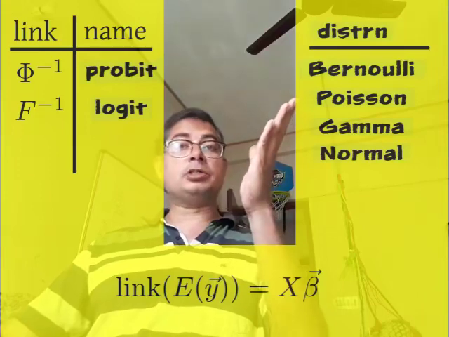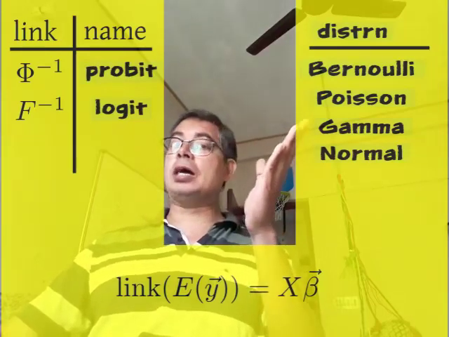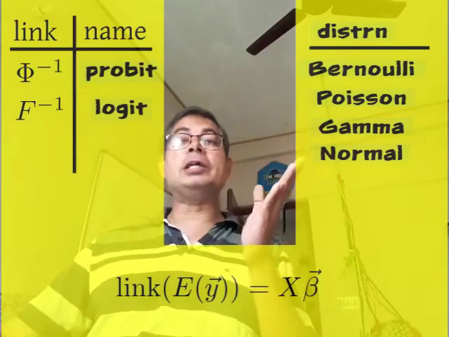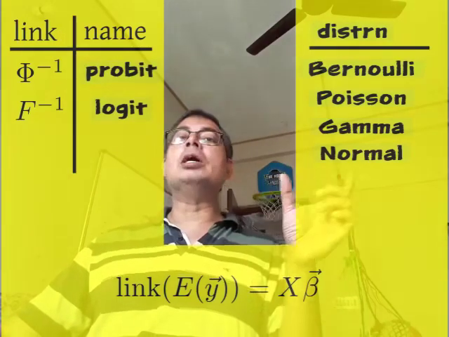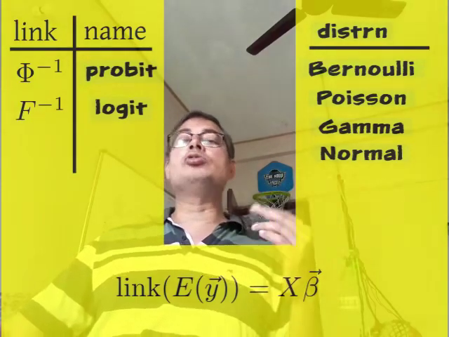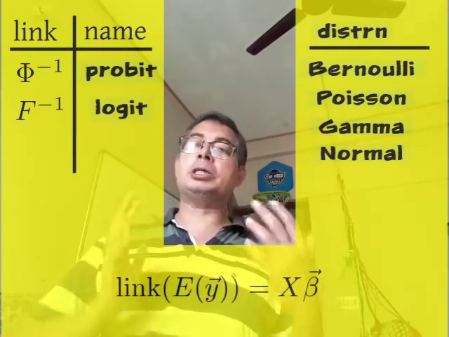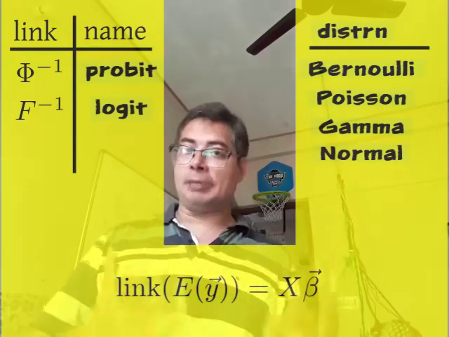You might use the Poisson distribution. You might even use continuous distributions like gamma, and in fact you can even use the normal distribution. If you do that, then your GLM simply reduces to our standard LM. So LM is a special member of GLM.